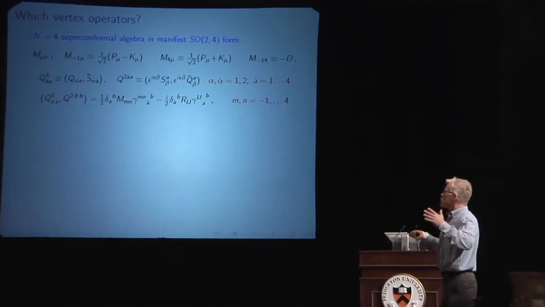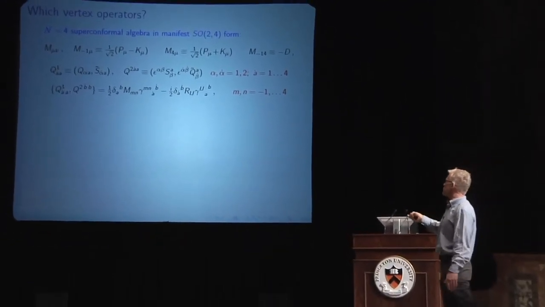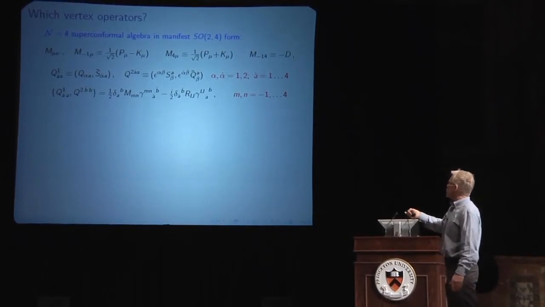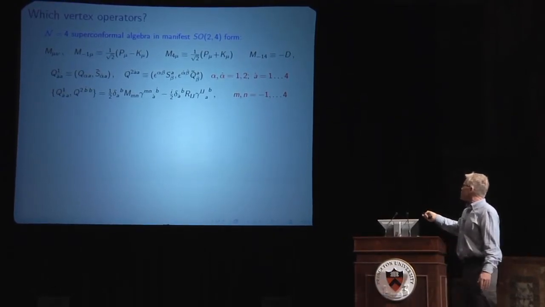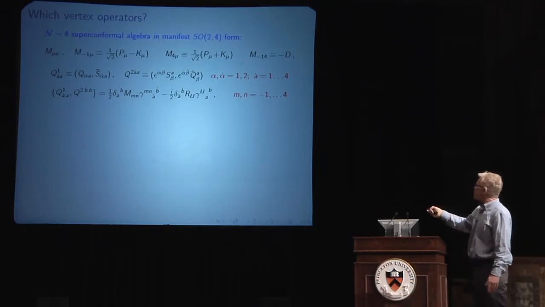Okay, so I still need to tell you a little bit more information about how to choose vertex operators. What I'm going to do is show the N=4 superconformal algebra in a manifest SO(2,4) form. So I'm going to collect all the different generators of the conformal algebra into these SO(2,4) Lorentz type generators.